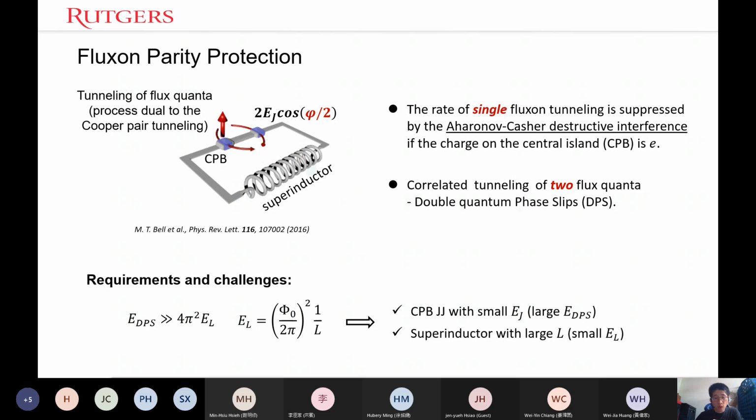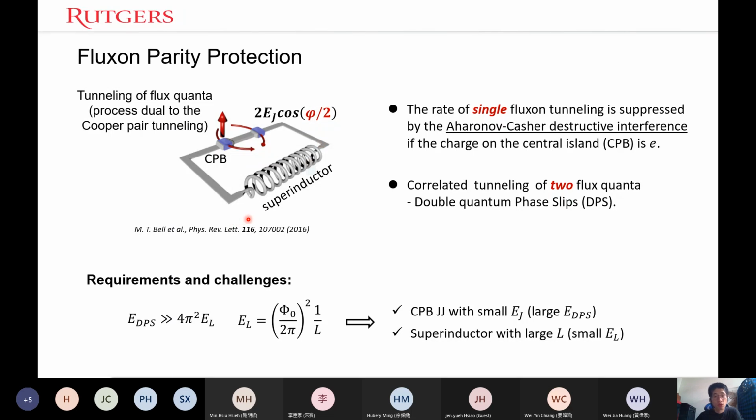This rate depends on the charge on the Cooper pair island. If the charge on the island is 1e modulo 2e, so 1e, 3e, 5e, for example, the destructive interference of the fluxon tunneling will suppress single fluxon tunneling and protect the parity of fluxon in the loop formed by the CPP and the superinductor.